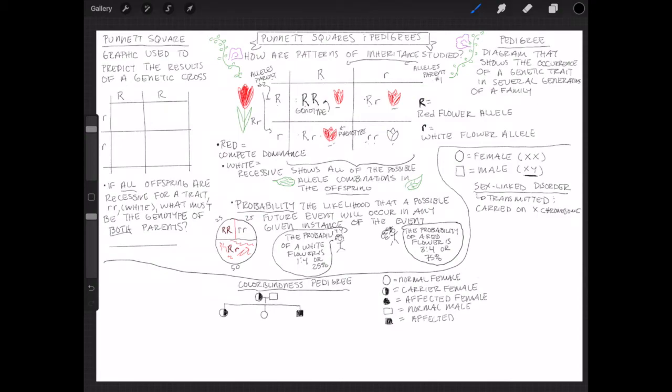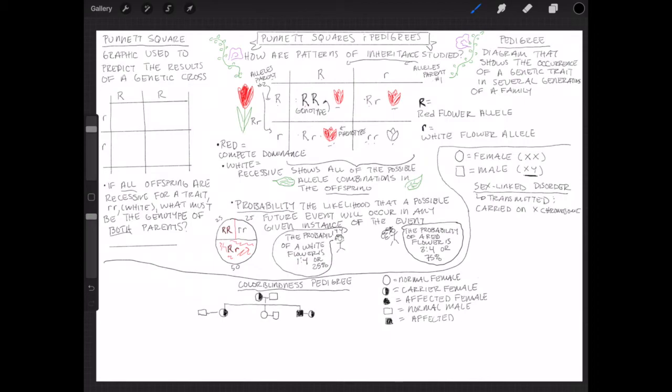Now their kids get married. The affected male gets married to a carrier female. The normal female gets married to a normal male. And the carrier female gets married to a normal male as well. So we've got our parents, our first, second, different generations here, and each of these people are going to have kids.